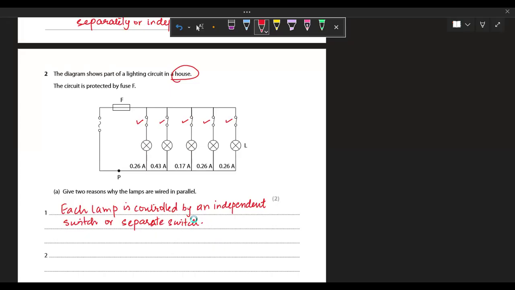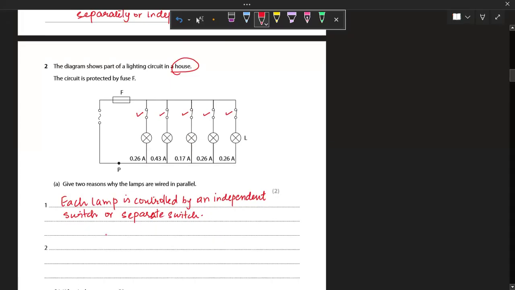What if I say that each lamp should get the same voltage, so there should be no reduction in the brightness? Number one. And number two is that in a house, it is not necessary that we have only one room. So multiple rooms can have multiple lamps.